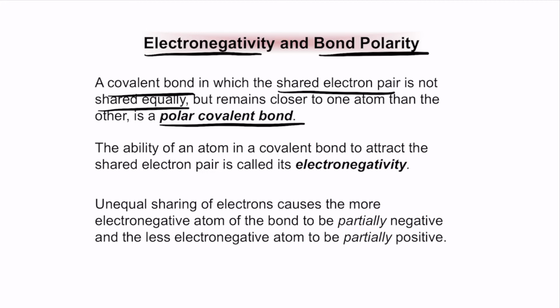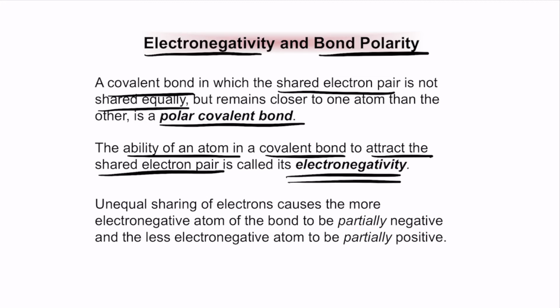So polar molecules are molecules where there is no equal distribution of charge throughout the molecule, and one of the atoms tries to pull the electrons towards itself, resulting in a distorted view of the molecule by itself. So the ability of an atom in a covalent bond to attract the shared electron pair is called electronegativity.